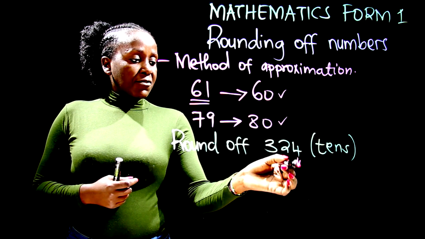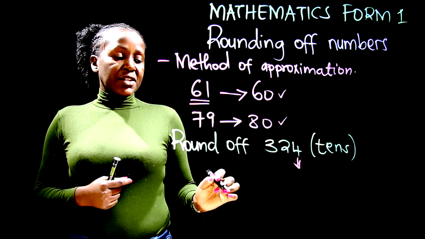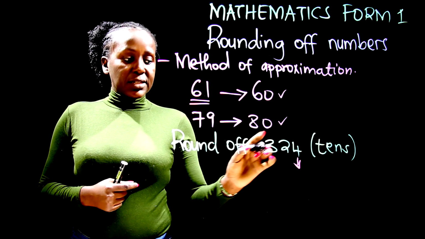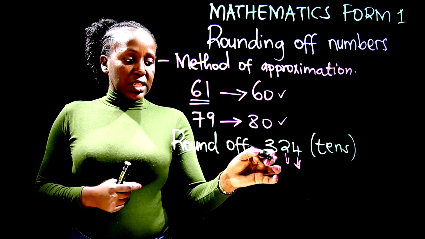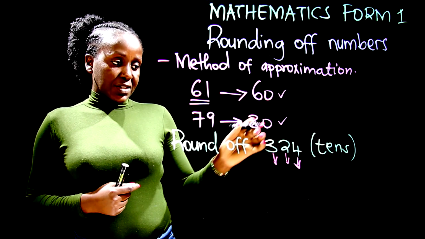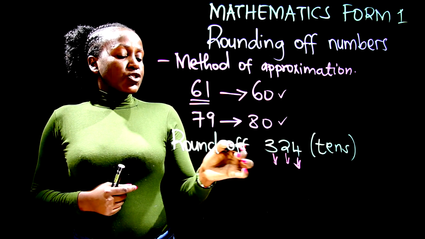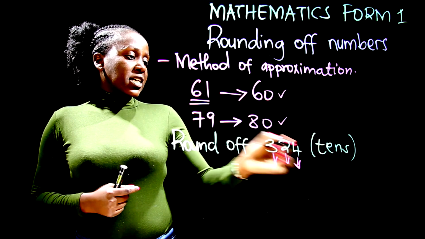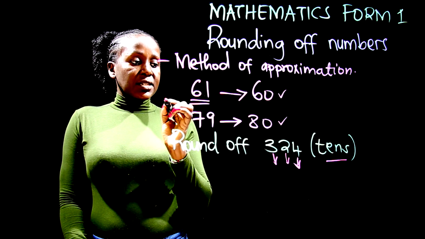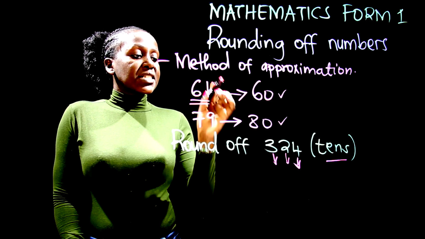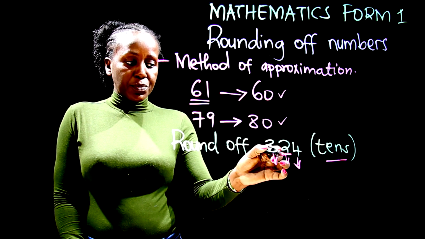Remember place value: 4 represents ones, 2 represents tens, and 3 represents hundreds. We are required to round off to the nearest tens, so we identify the digit that represents tens, which is 2.